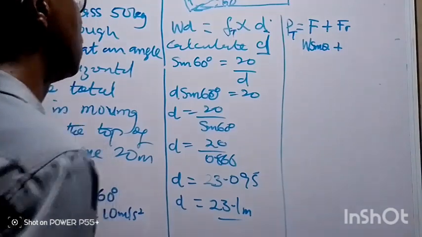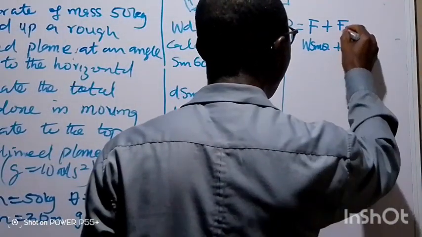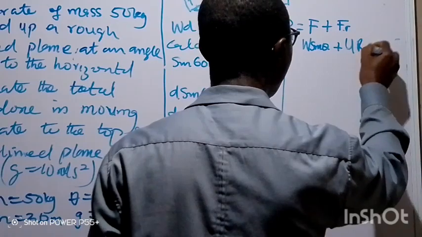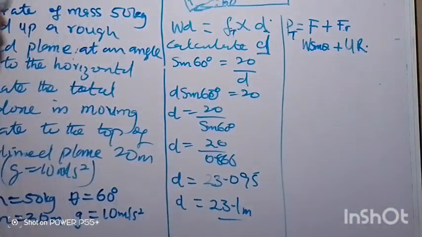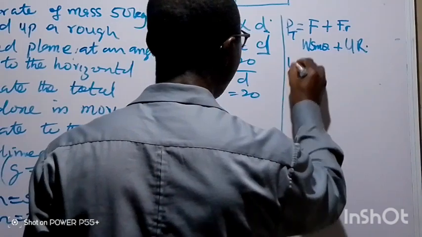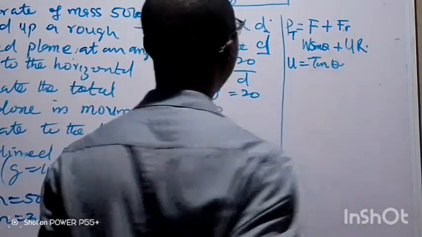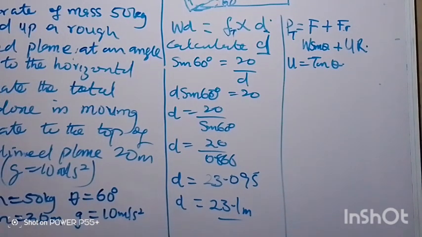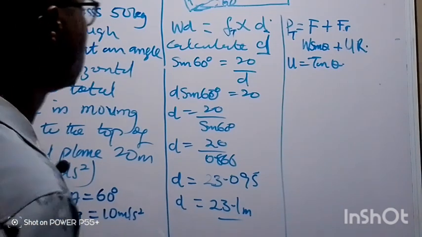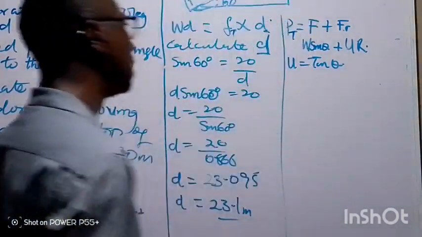And don't forget, from what I've done under coefficients of friction, we say Fr is equal to mu R. Now let's first find mu, and mu will be equal to tan theta. Don't forget, we did all this under coefficients of friction. So as I said, if you want to understand this question better, please try as much as possible to watch our video on coefficients of friction on an inclined plane.